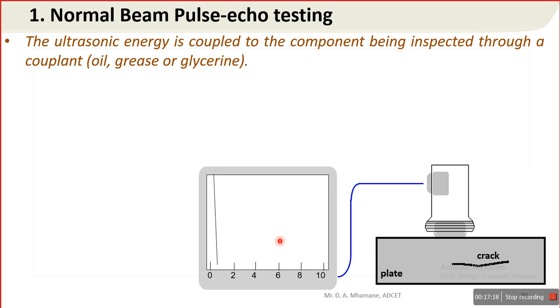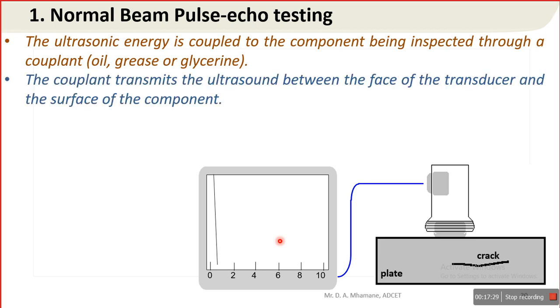So the ultrasonic energy is coupled to the component being inspected through the couplant. So in normal beam pulse echo technique, couplant is used to transmit the sound energy into the material. The couplant transmits the ultrasound between the face of the transducer and the surface of the component.